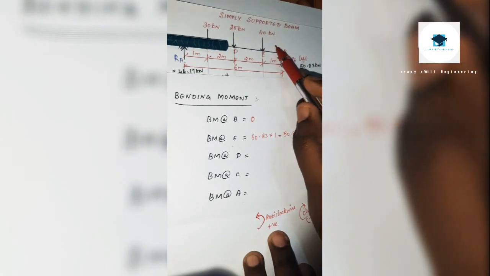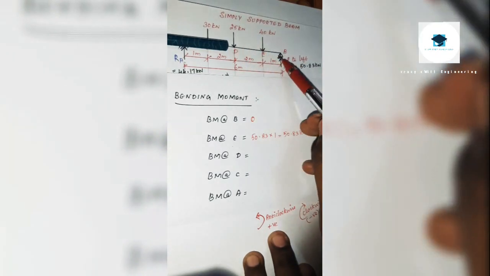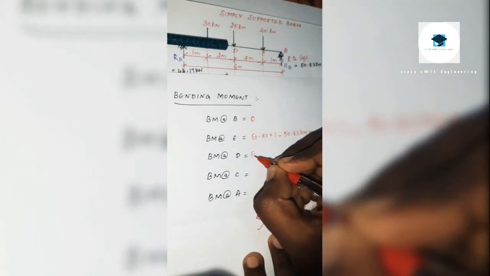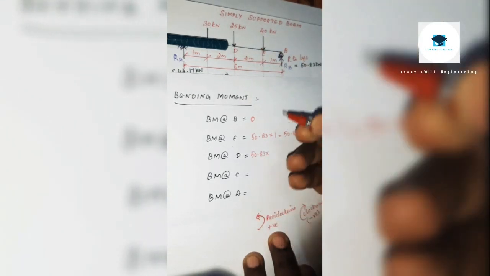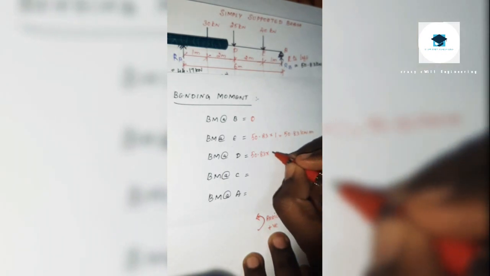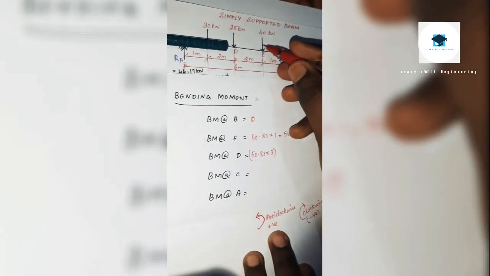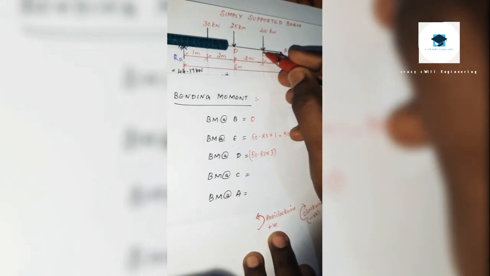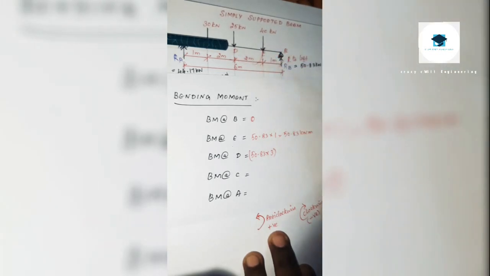Next, bending moment at D. Here RB is moving towards the D point in the anti-clockwise direction. So put 50.83 into distance of 1 plus 2, 3. Here 40 kilonewton is acting, moving towards the D point in the clockwise direction.